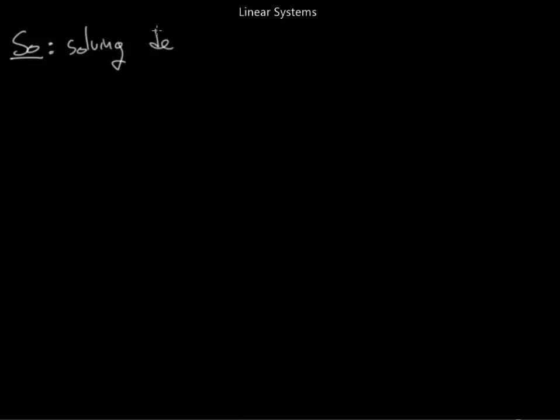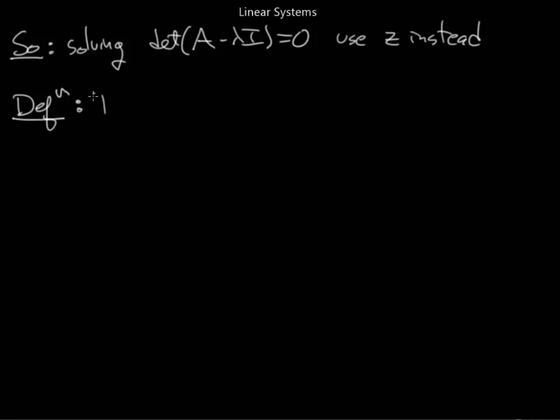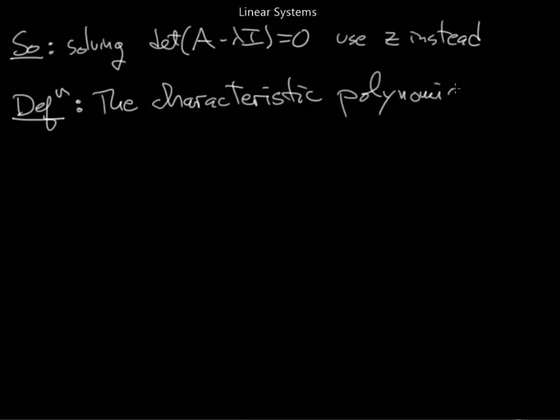Okay, so let's talk about finding these lambdas. I'm trying to find lambdas which make the determinant of A minus lambda I equal to 0. It's convenient to switch letters. Instead of lambda, let's use z and make the following definition. If you're given an n by n matrix A, the characteristic polynomial of A is the following.